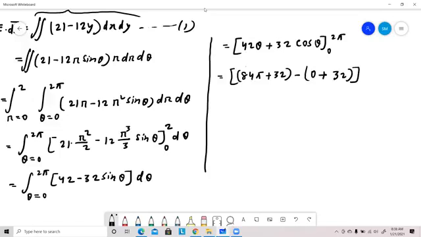Finally these 32 cancel because there is a minus sign. So eventually we get the solution of the required surface integral, which is 84 pi. Okay.